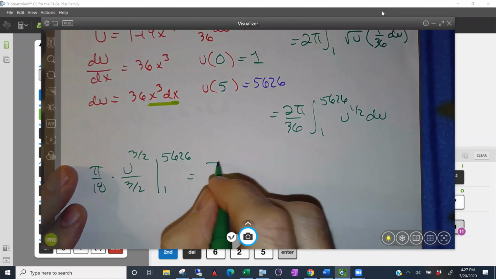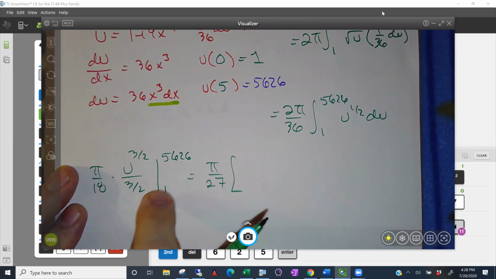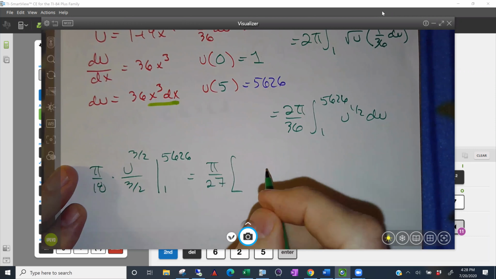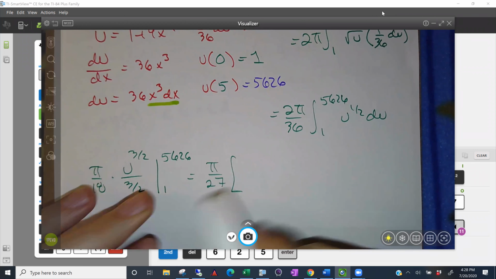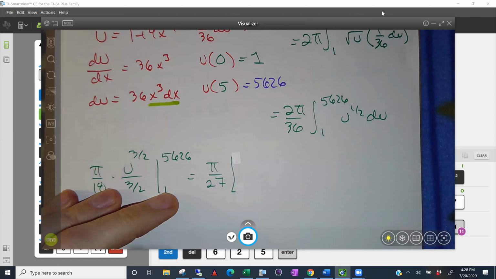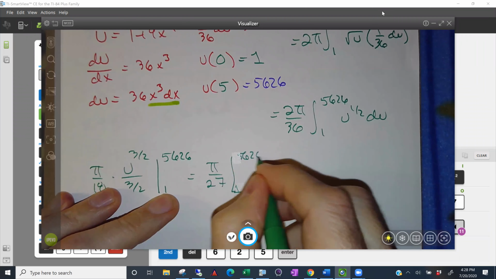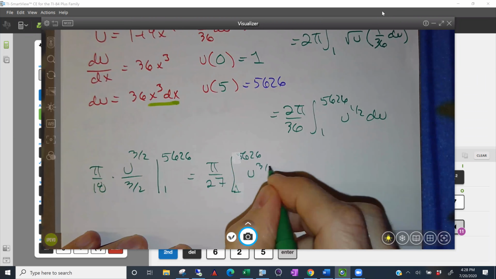So this becomes pi over 27. Let's do it this way. I don't want to do too many steps at one time. Between 1 and 5626 of u to the 3 halves.